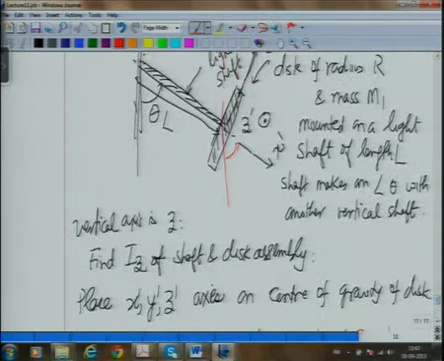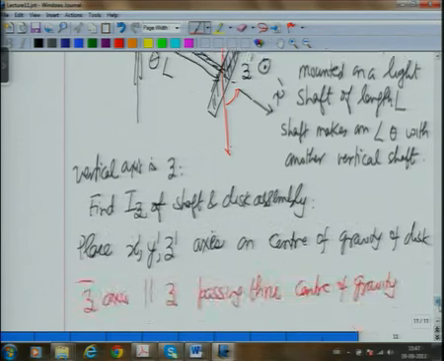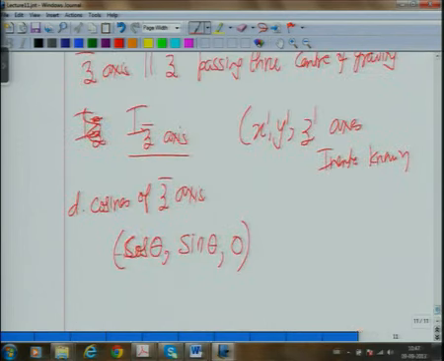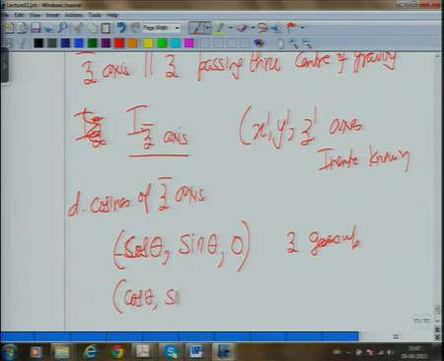If z goes up, it will be cos theta, minus sin theta, 0, and if z goes down, it will be cos theta, sin theta, 0.